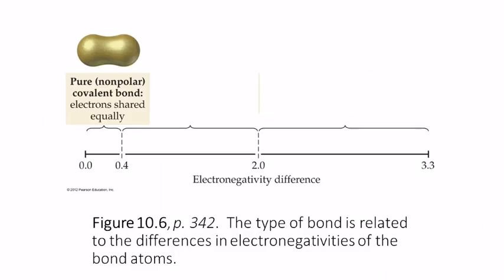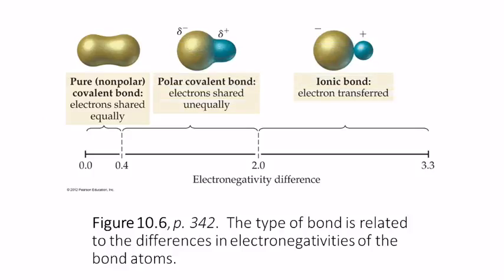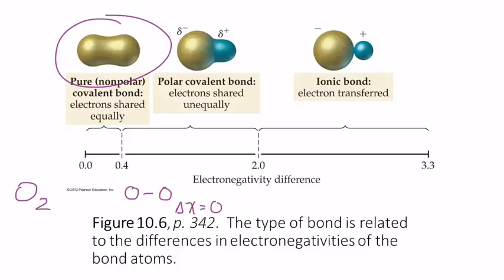So I have some figures here to go along with what I just said. These are 3 compounds. This would be something like O2, like an oxygen molecule. If you look up the electronegativity of each oxygen atom, it's the same. So the electronegativity difference is what, 0?